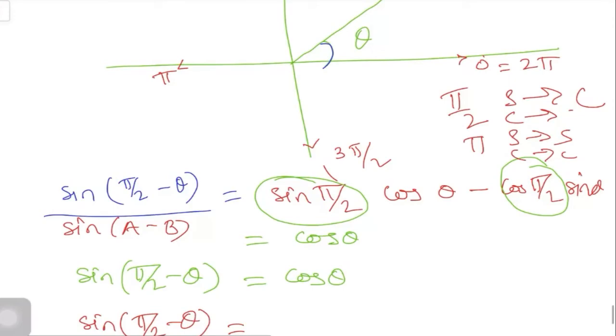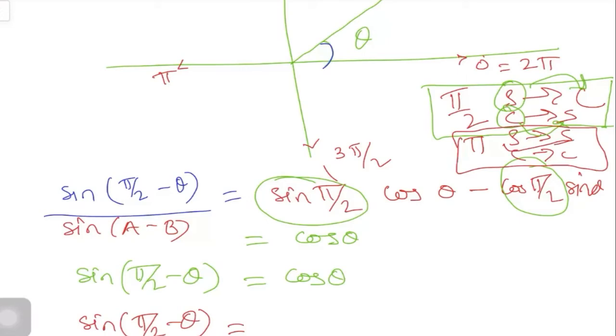So this is what is happening actually. If angle pi/2 is there inside your formula, the sine will change into cos, and cos will change into sine. And if pi is there in your system, sine will remain sine and cos will remain cos.